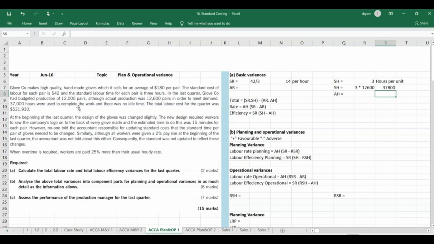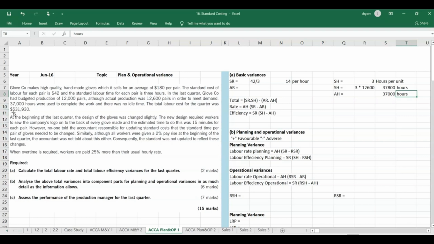Okay, the next one. 37,000 hours were used to complete the work and there was no idle time. So the total hours consumed actually was 37,000 hours. The total labor cost for the quarter was 531,930.